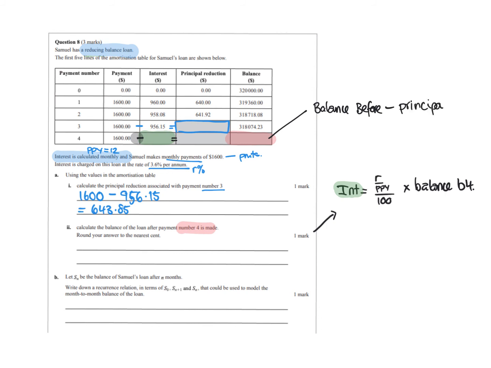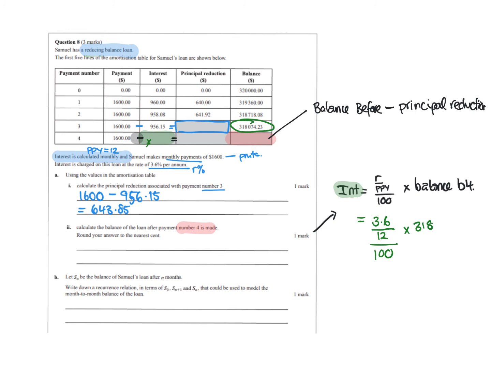So we need to work those things out. Obviously we need to work out the interest, which is here in the green. Just like what we did before, the way we work out the interest is we take the per annum rate, divide it by the PPY, which was 12, over 100, and we're going to times it by the balance before.